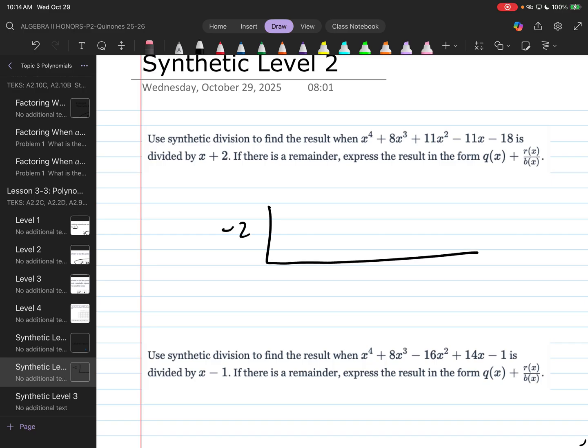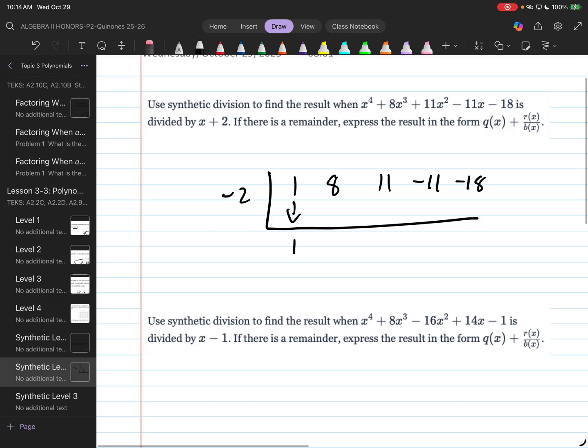Negative 2 goes here. 1, 8, 11, negative 11, and negative 18. Drop this one down. Negative 2 times 1 is negative 2. 8 and negative 2 gives me 6. Negative 2 and 6 gives me negative 12. 11 and negative 12 gives me negative 1.